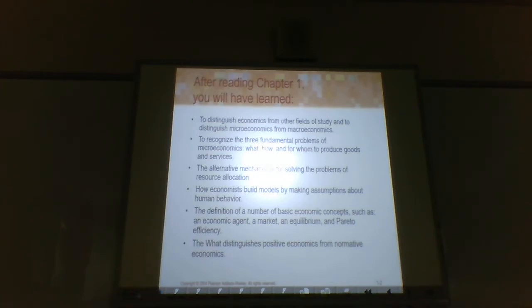First of all is what goods producers want to produce. Of course, they want to produce what people want. And how are they going to produce? This is the producer theory. And for whom to produce these goods? It is about markets.